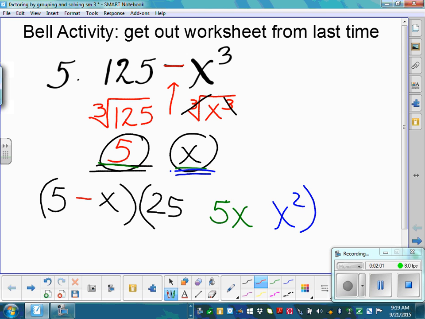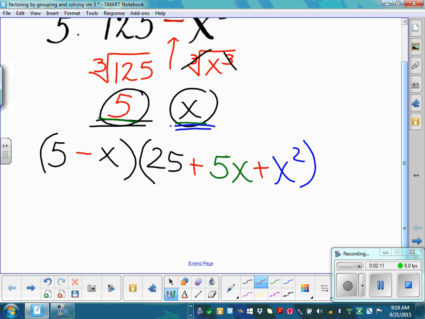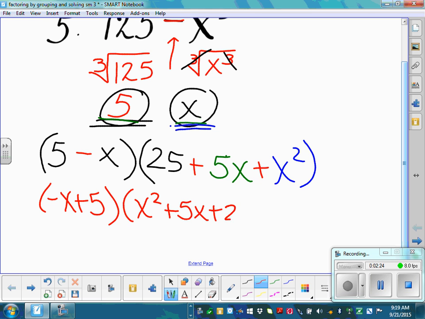If this is minus, this will be positive, and this on the end is always positive. Very good. And now we'll put it in standard form here. So we have negative x plus 5, and then we have right here x squared. It was positive. It's going to stay positive. Plus 5x, and then plus 25.